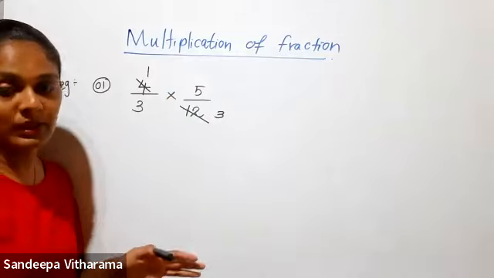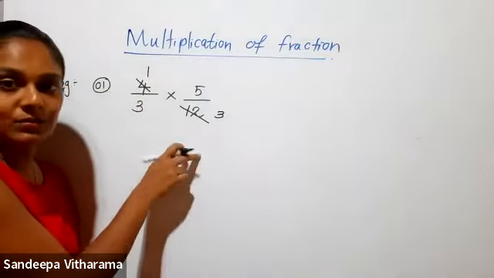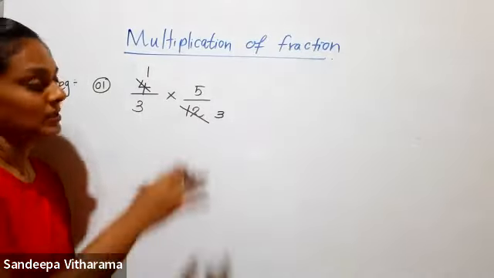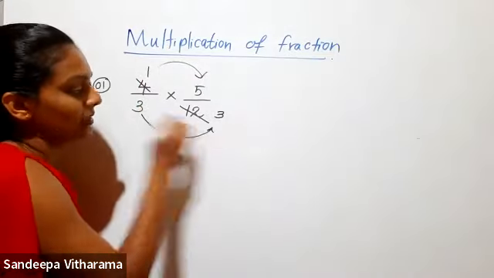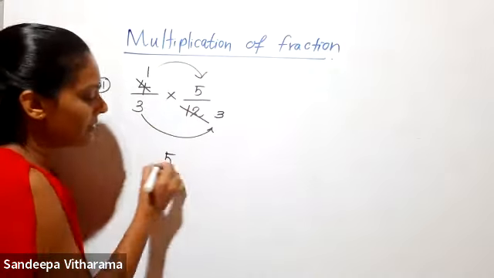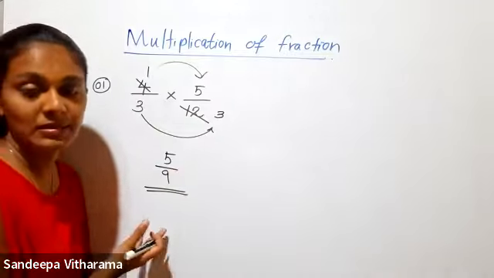We do not do like that. We just cancel a numerator with a denominator only. So now it's remaining 1 and 5, here 3 and 3. Multiply 1 times 5, 5, 3 times 3, 9. So the answer is 5 upon 9. This is its simplest form.